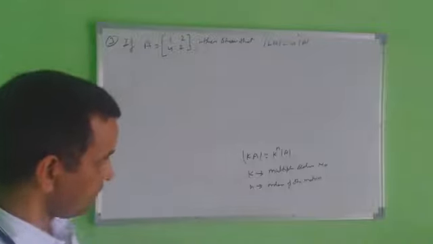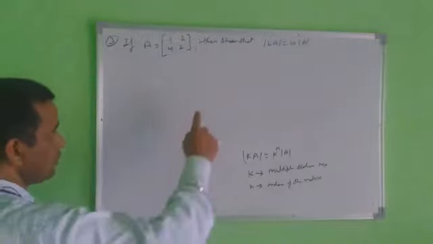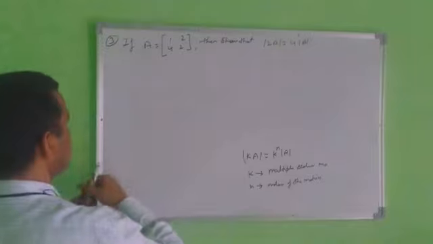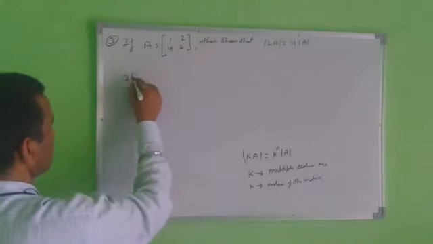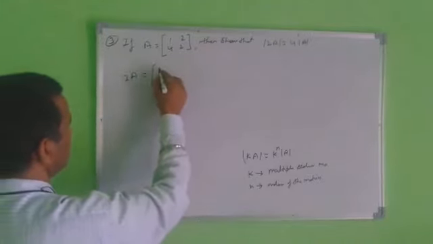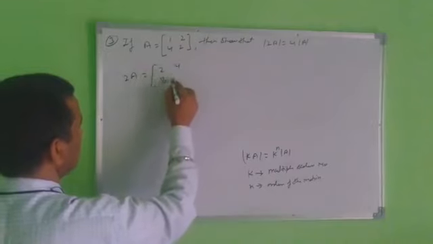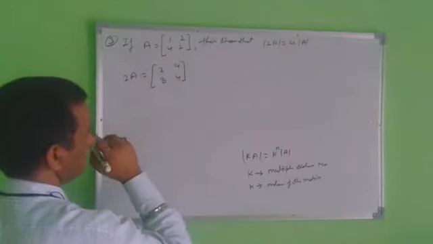So now look here. First of all, you multiply 2 into the matrix. According to the matrix rule, 2 times 1 is 2, 2 times 2 is 4, 4 times 2 is 8, 2 times 2 is 4. This is the matrix here.